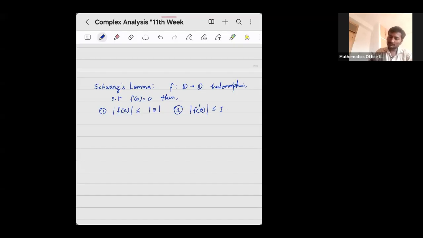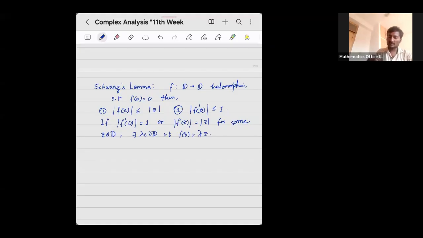Moreover, the extra condition is that if equality happens, if the modulus of f prime at 0 is exactly equal to 1, or the modulus of f of z is equal to the modulus of z for some z in D, then there exists lambda in the boundary of D, this means modulus of lambda is equal to 1, lambda lies on the unit circle, such that f of z is nothing but lambda z.